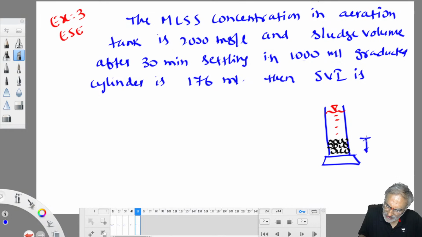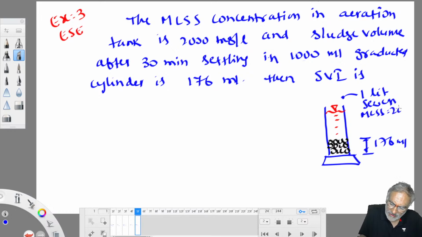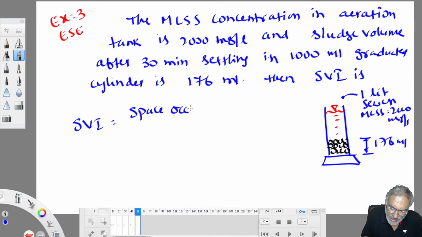So a 1 liter sewage sample with MLSS 2000 milligram per liter, settling 176 ml. Therefore, sludge volume index. What is sludge volume index? Space occupied in ml by MLSS.